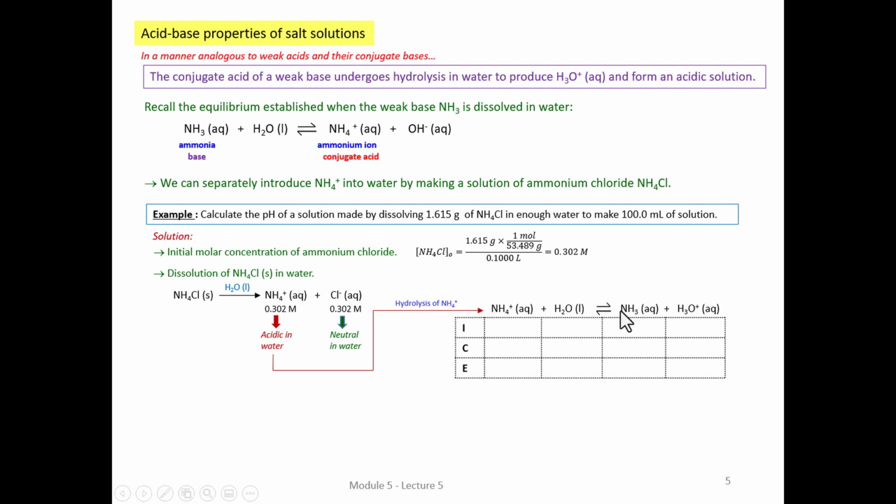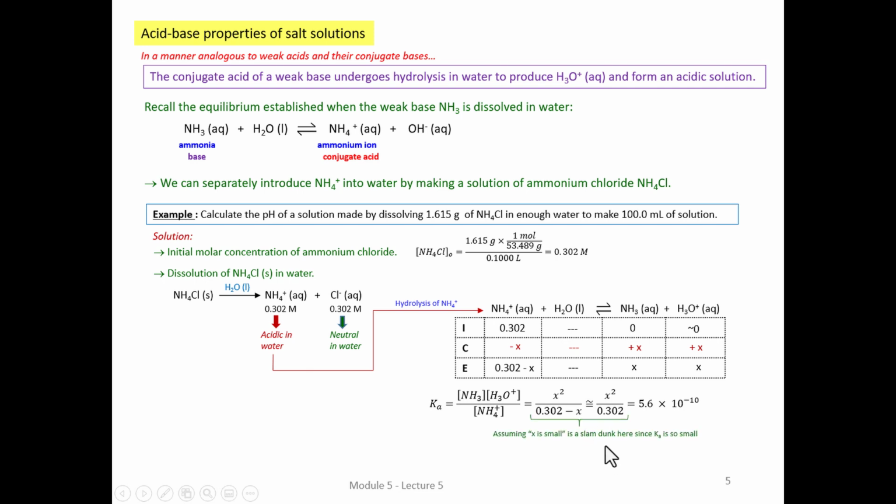This is an equilibrium situation, so we're going to calculate the concentration of hydronium ion at equilibrium. So we set this up and we say, since this is an acidic situation, we look at the Ka of the ammonium ion, ammonia times hydronium ion over ammonium ion concentrations, and we're going to assume here that X is small.